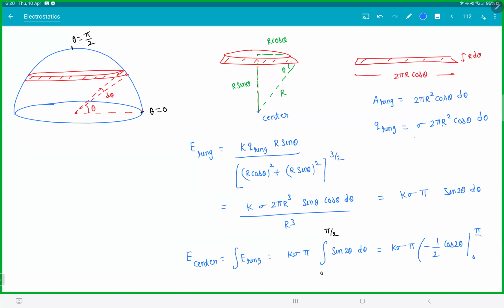Limits will be 0 to pi by 2. That will be cos 180 is minus 1, and cos 0 is 1, that is gone. So k sigma pi, k is 1 by 4 pi epsilon, so sigma by 4 epsilon. There, that's your result. Is that clear, everyone?